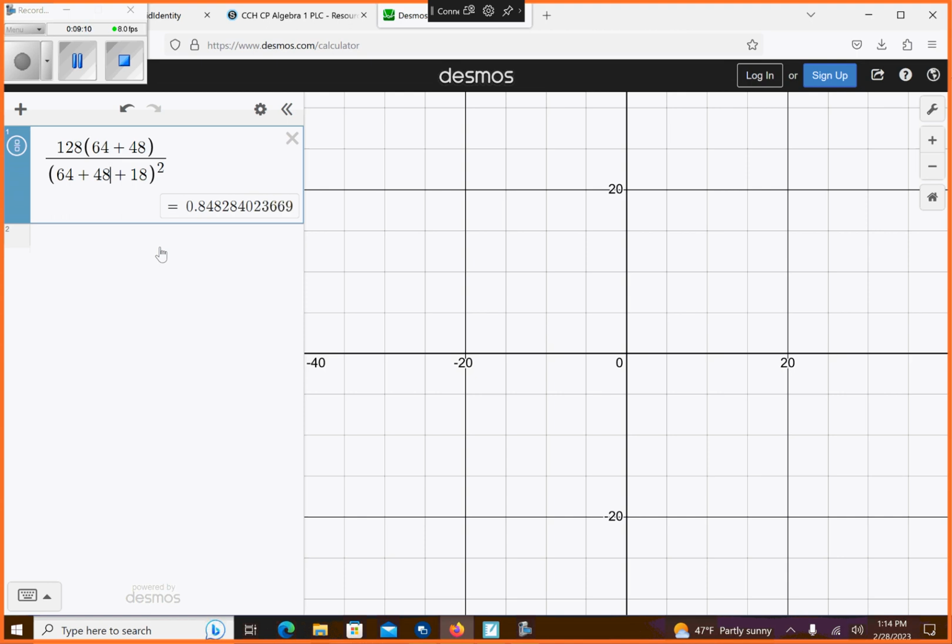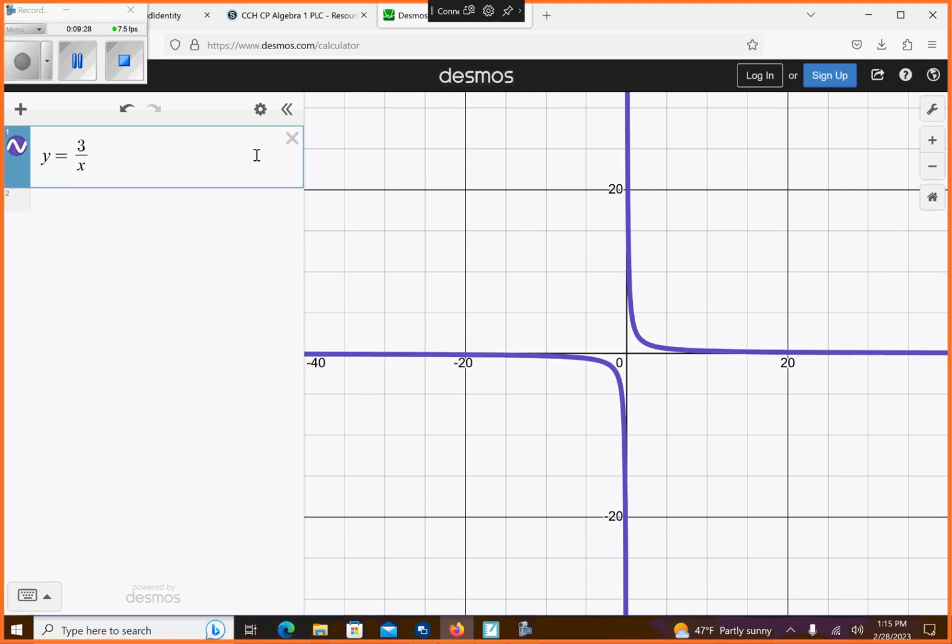And then for problems 9 through 11, use analytical methods to evaluate the limits. You can verify your conclusions by graphing the functions. Okay, so let's graph y equals 3 divided by x plus 1.